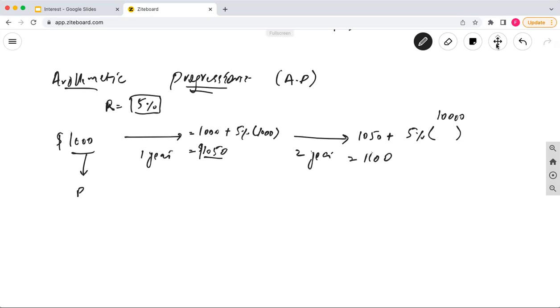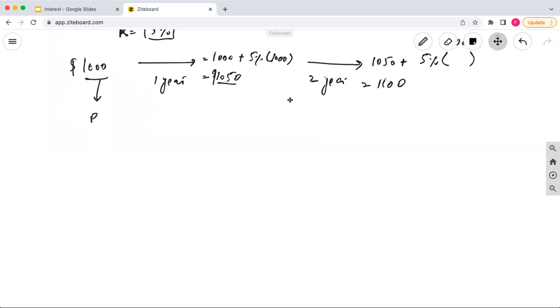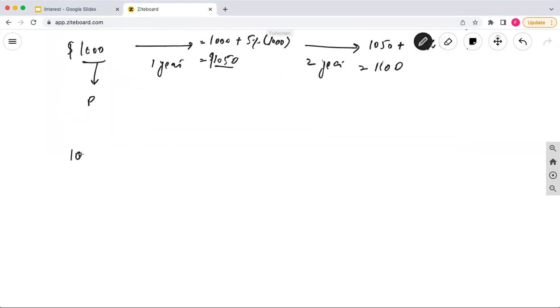Okay. So if I ask you one thing, that if a person invested 1000 and after 2 years he got a total return on investment, including his investment and the interest he got, for example, 5,000. And if I ask you what will be the total value of his investment and the interest at the end of 6 years?